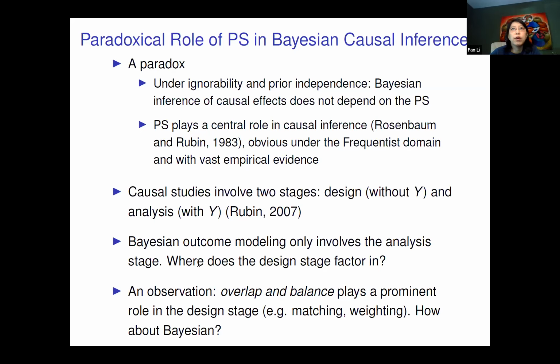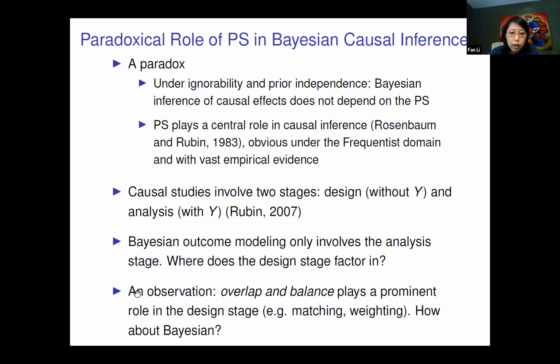Obviously, whether you're frequentist or Bayesian, particularly if you're frequentist, in the first stage we spend a lot of time on matching or weighting so that we come up with a sample in which the treatment group and control group look very similar, in other words very similar to a randomized experiment. But in Bayesian, if you just look at the procedure, that part doesn't seem to go anywhere.